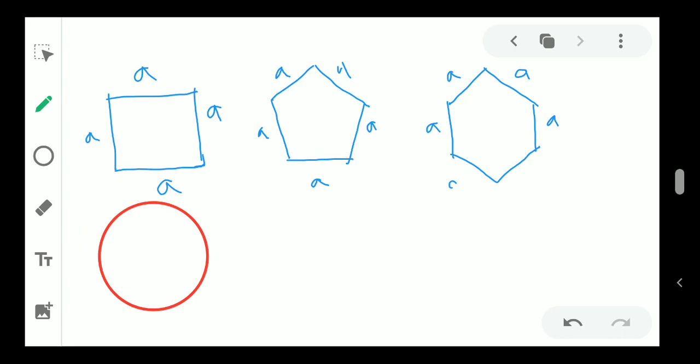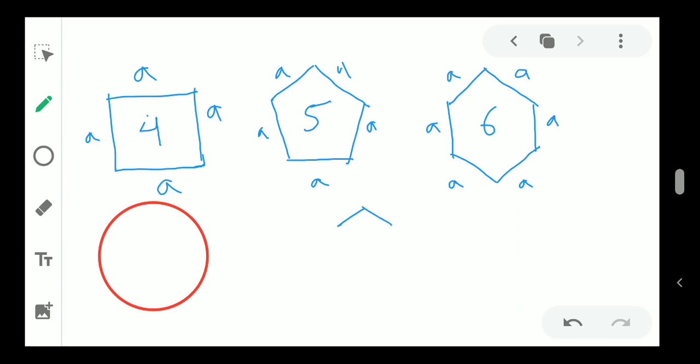Kind of. So one by one, if I increase the number of sides, this is having 4 sides, this is having 5 sides, this is having 6 sides. If I increase the number of sides, like 8, that is an octagon. I'm not good at drawing at all.